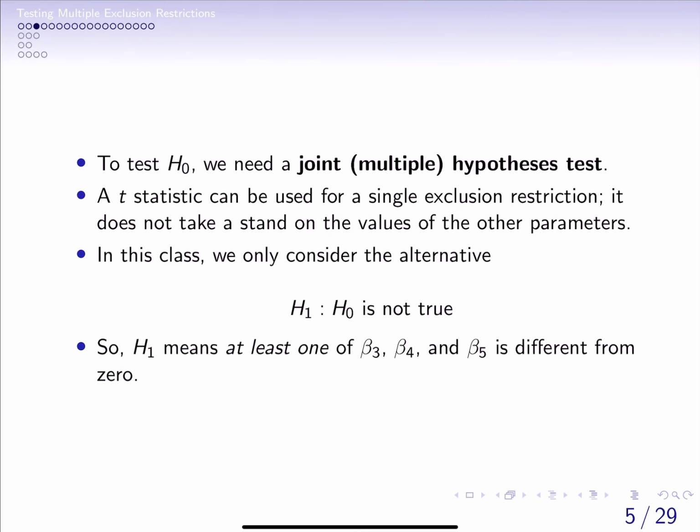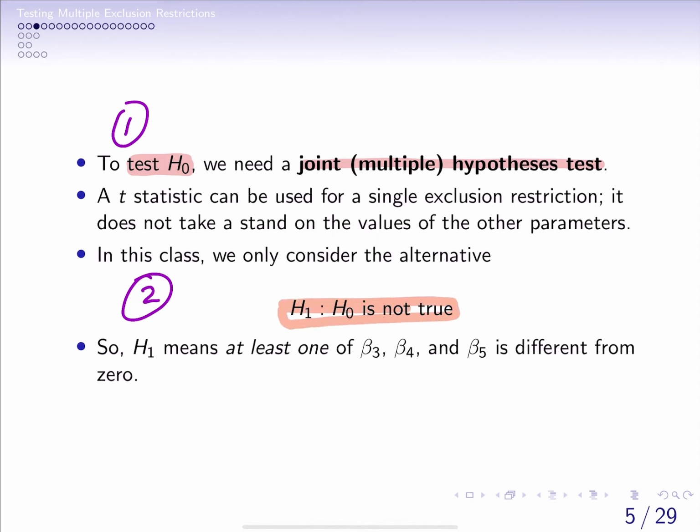Now, to test the null that we set up, we actually need a joint or multiple hypothesis test. And the t-test can't do that. Remember, the first step is always to set up your null. The second step is to specify what your alternative is. In this case, the alternative hypothesis basically says that the null is not true.